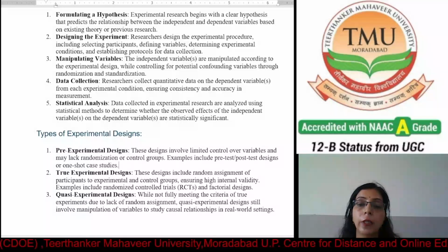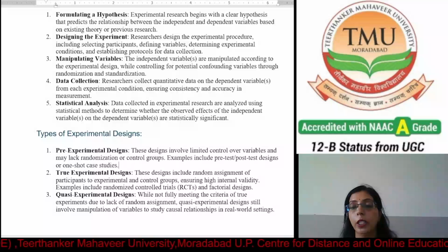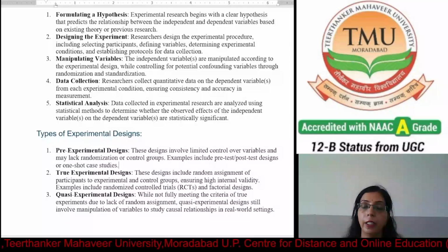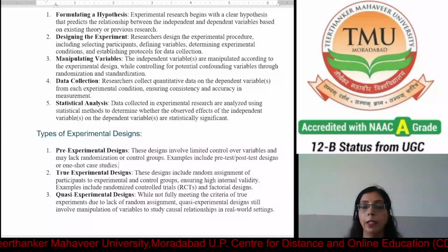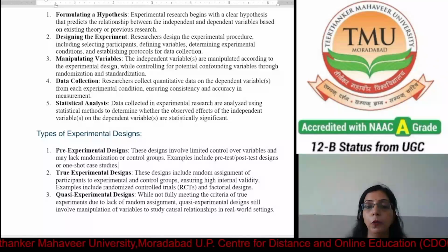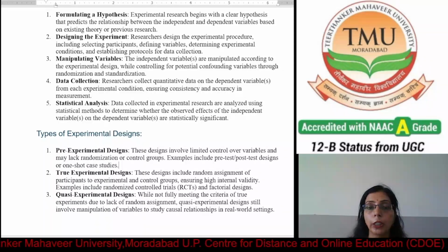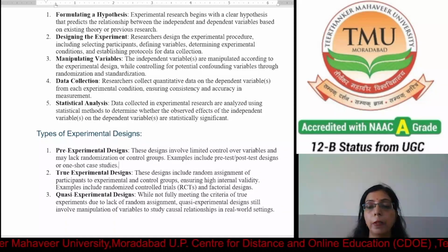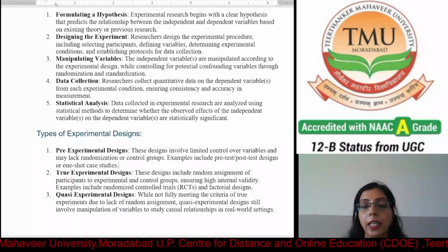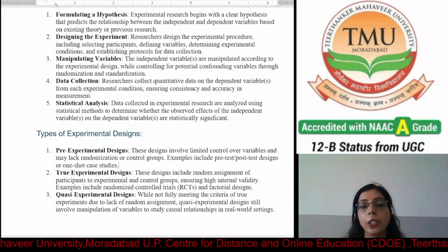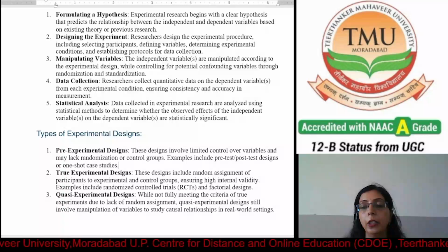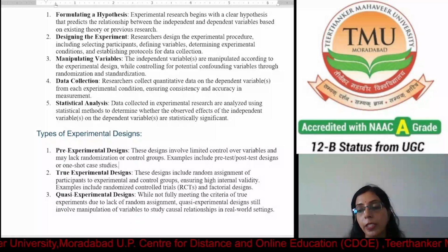These designs include random assignment of participants to experimental and control groups, ensuring high internal validity. And finally, quasi-experimental design. While not fully meeting the criteria of true experiment due to lack of random assignment, quasi-experimental designs still involve manipulation of variables to study causal relationships in real-world settings.